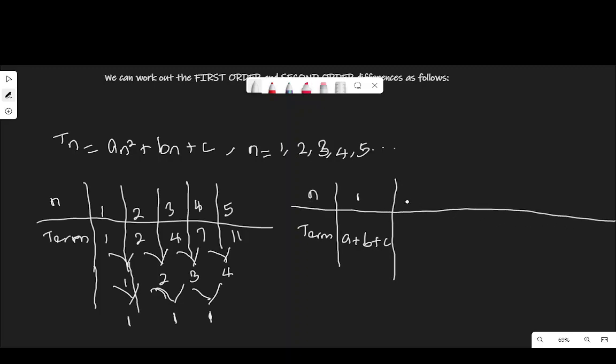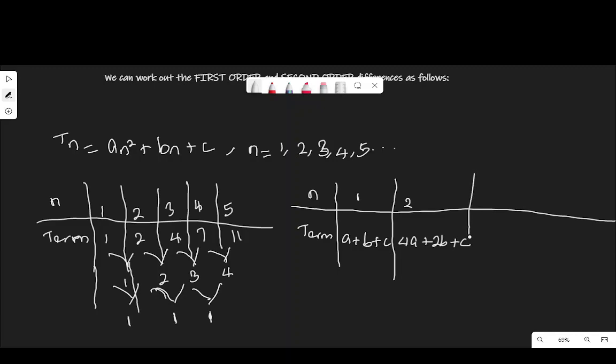Again, when n is equal to 2, 2 squared is 4. 4 times a is 4a, and then 2 times b is 2b, then plus c. That is the second term of the sequence.